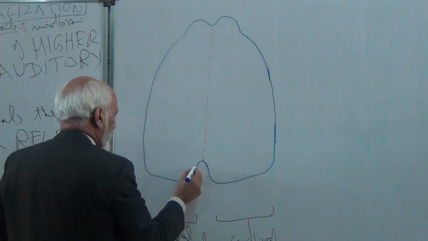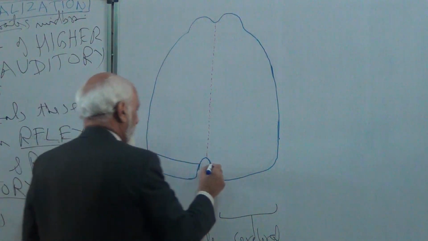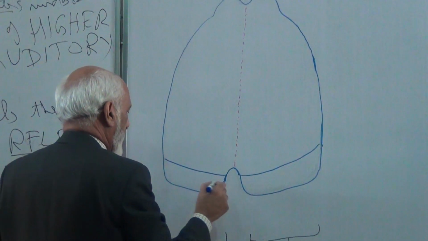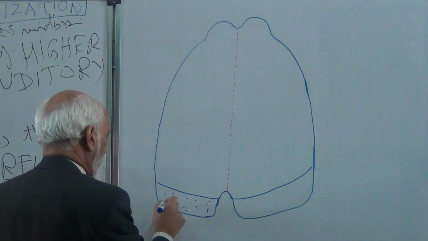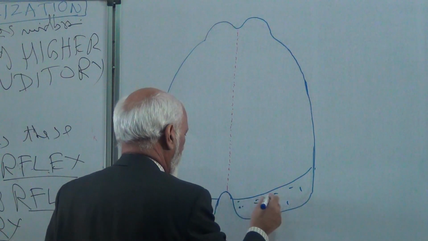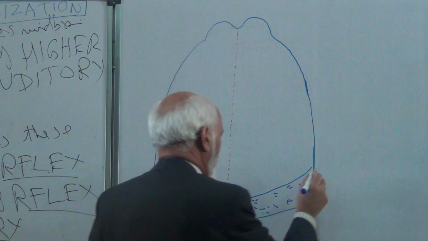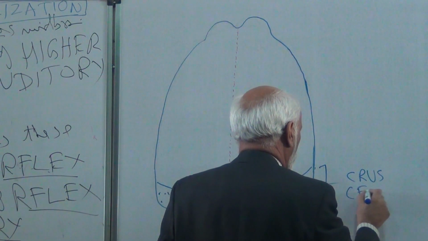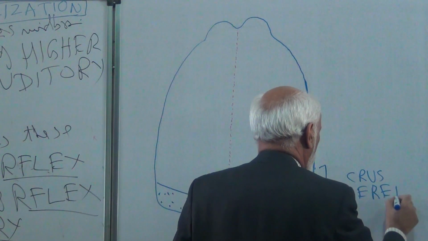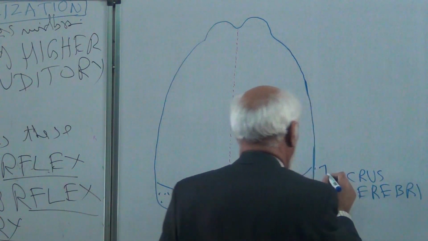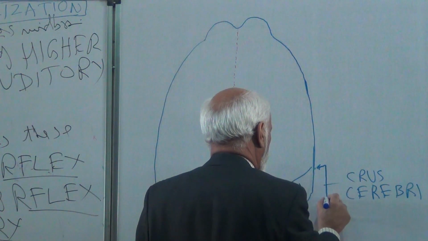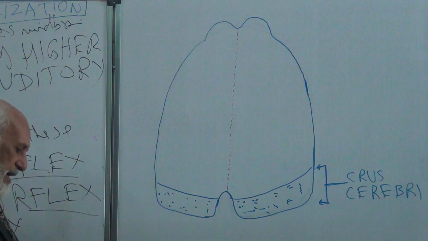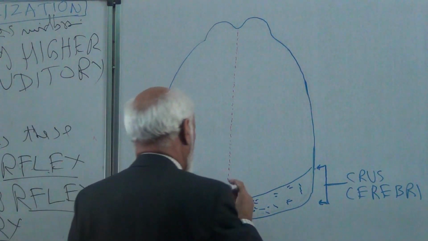First of all is the crus cerebri, one right and one left. Behind the crus cerebri is the substantia nigra.